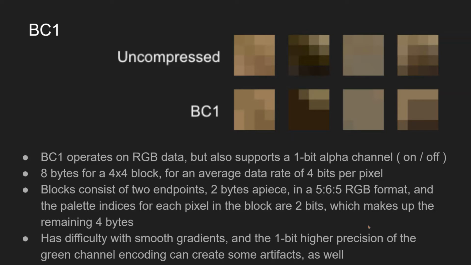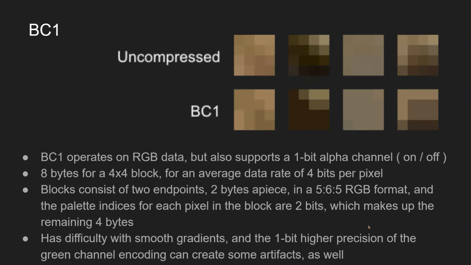And what that 8 bytes of data consists of is 2 endpoints, which are encoded in a 565 RGB format. That's 5 bits red, 6 bits green, 5 bits blue. So that is 16 bits or 2 bytes per endpoint. So that's 4 of your bytes.